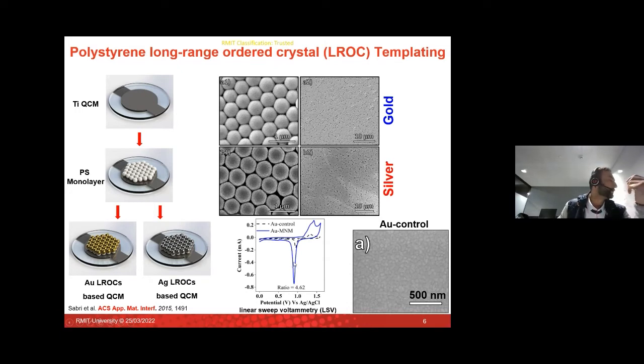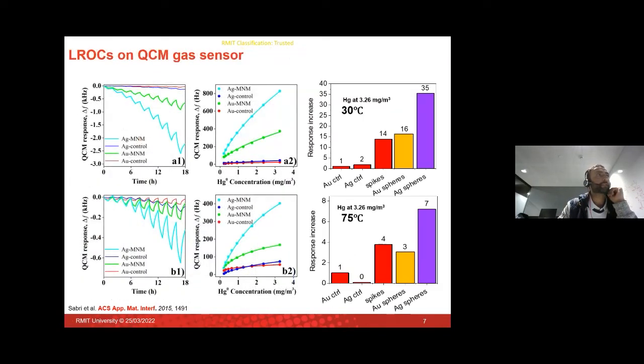The way we did that was to use the Rand method, which means dipping our gold materials into sulfuric acid and trying to oxidize the gold surface, and then counting the charge on that and comparing. It's called the electrochemical surface area. Compared to a thin film of gold, the electrochemical surface area of this colloidal gold structure is around 4 times higher. So 4 is the magic word to remember when I show you the next graph.